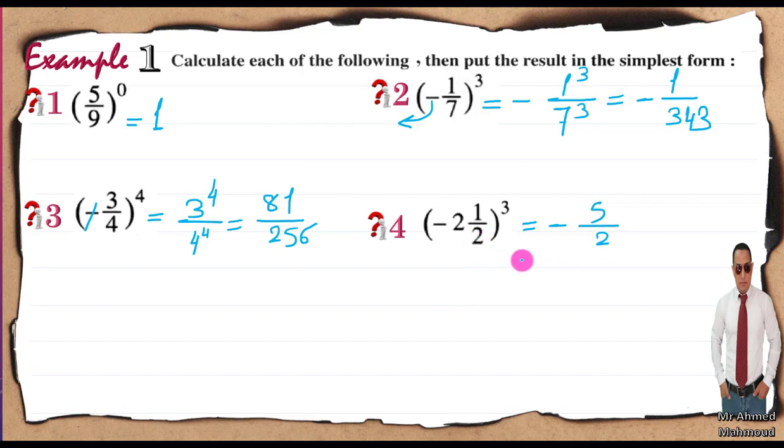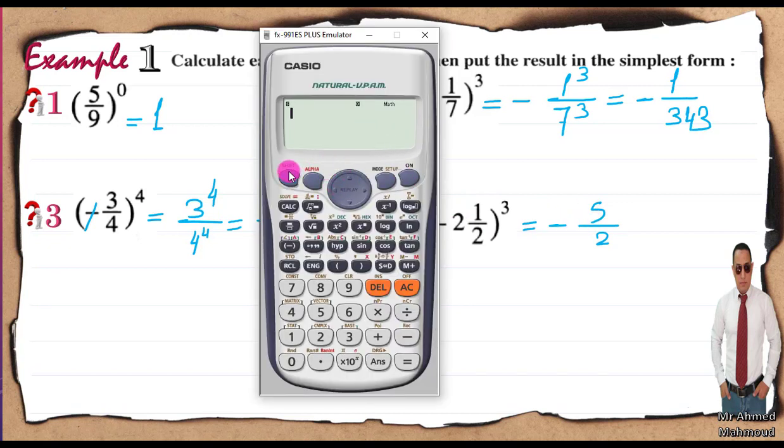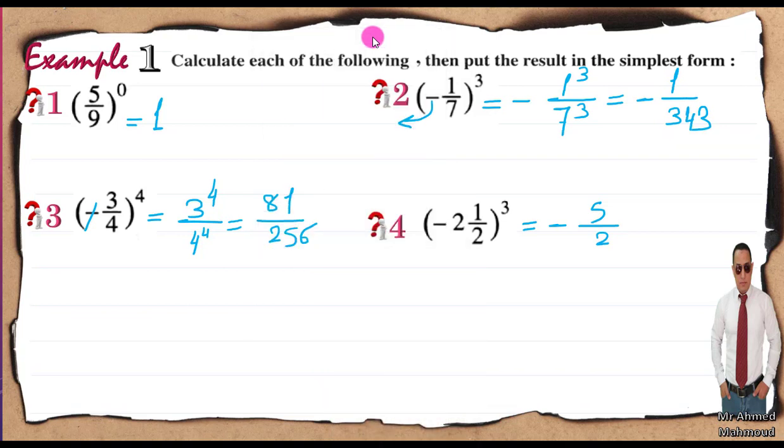I'm going to drop 2 and multiply 2 times 2 plus 1, equal 5. Or by using the calculator, shift fraction, 2 and 1 over 2, it equals 5 over 2. Okay, like this.